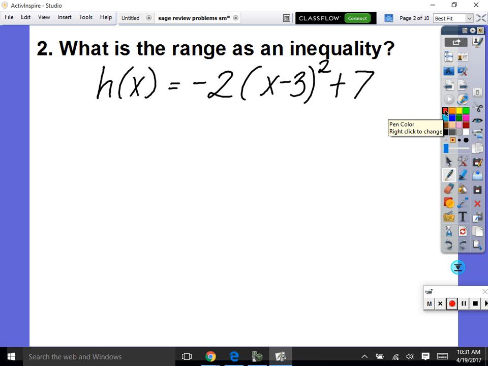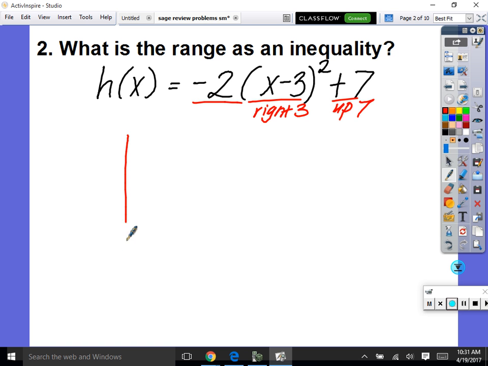So I just drew a picture, a rough picture, right 3, up 7, and then it was reflected over the x-axis, stretch of 2. So right 3, up 7 looks something like this. That's all I needed to look at. So then are my y values below?